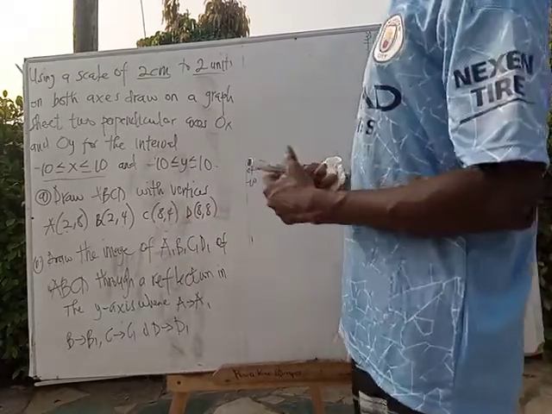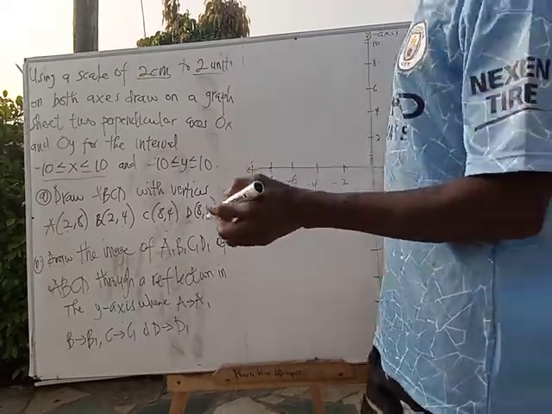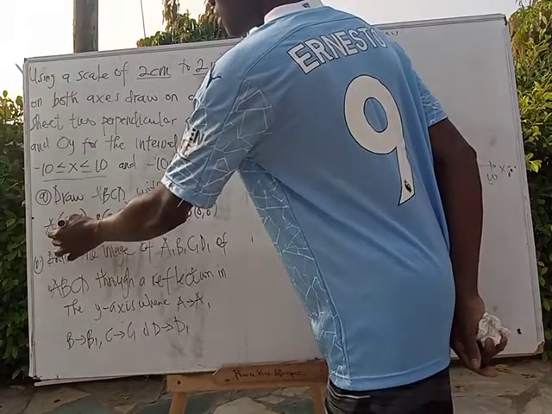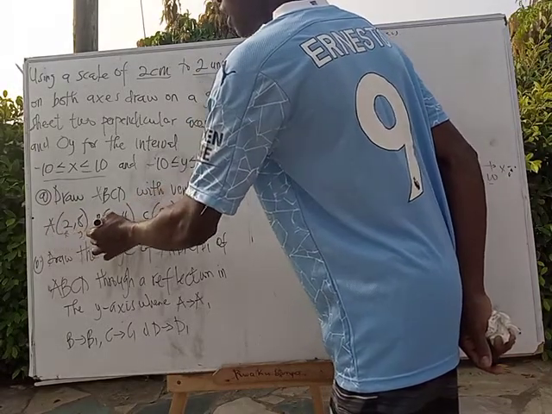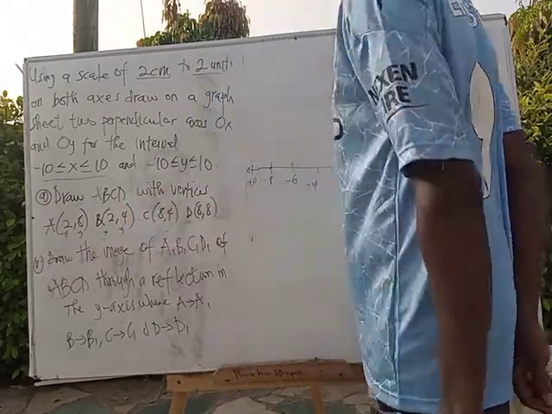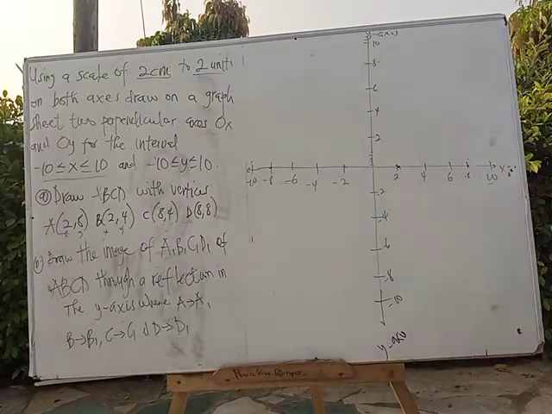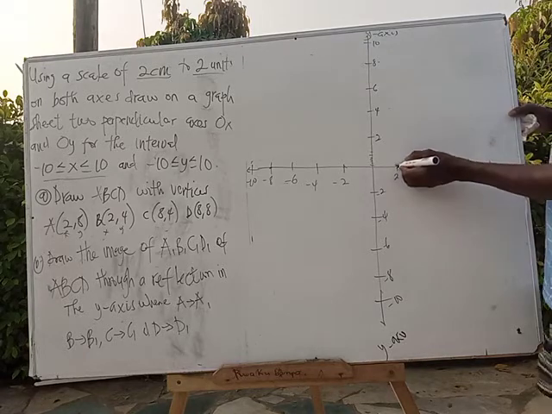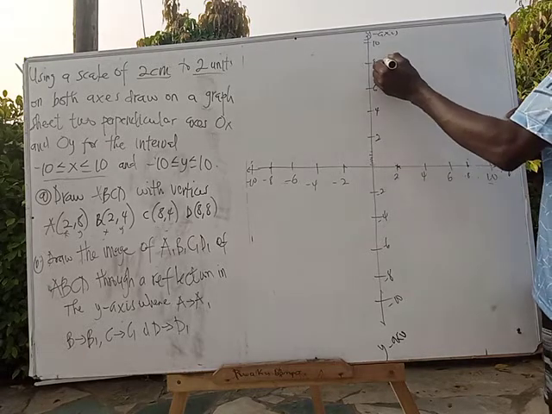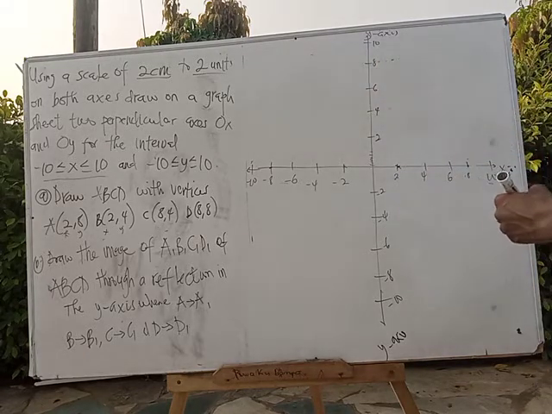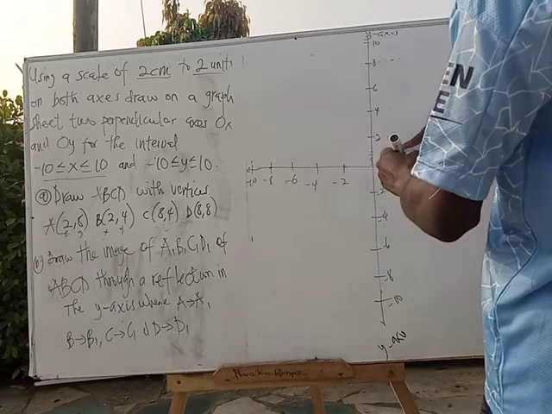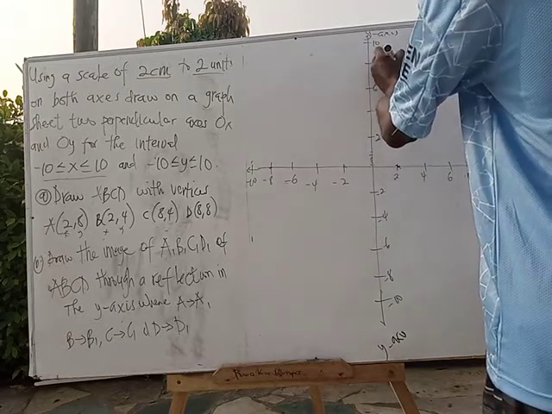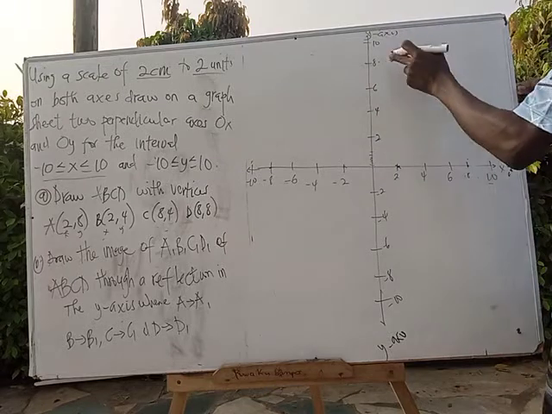Anytime you get two values, don't forget that always the first is x and the second is y. So here we take the x value to be 2 and the y value to be 8. Where the 2 and the 8 meet, this is (2, 8).